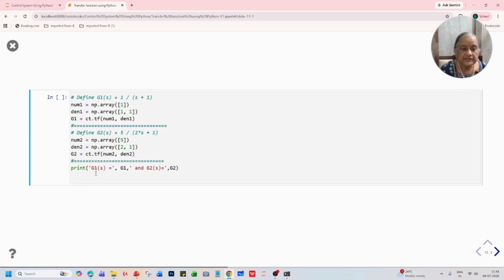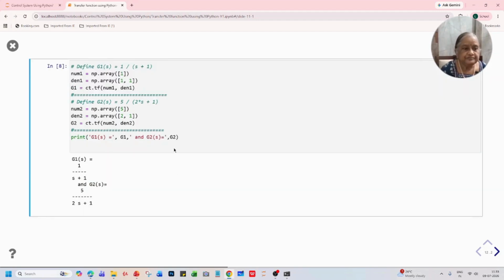And we shall ask it to print G1 and G2, which are constructed. So let me run this. Now you see it has constructed G1 as 1 by s plus 1 and G2 as 5 by 2s plus 1.